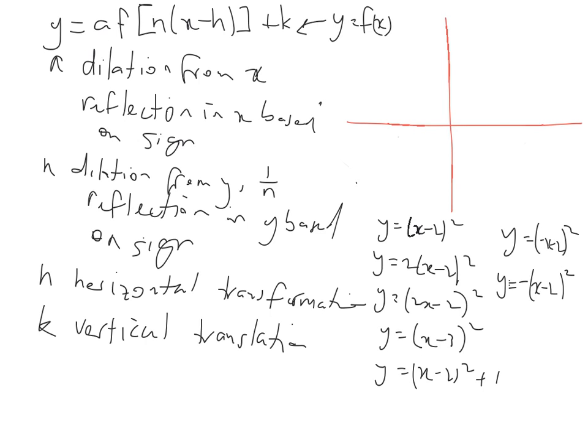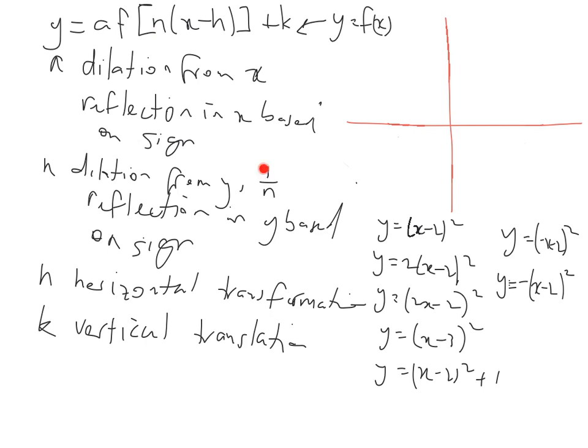So basically, your a, depending on what that is, that's your dilation factor from the x-axis. Also, whether it's positive or negative determines its reflection. So if it's negative, it gets flipped in the x-axis. n, so a value of n here, is a dilation from y, but it's not just like a, it's 1 on n. So if this was a 2, it'd be 1 on 2.